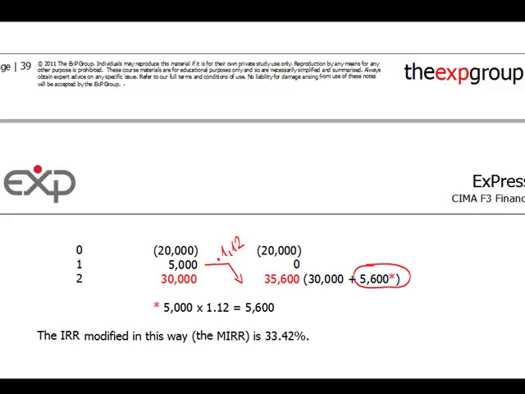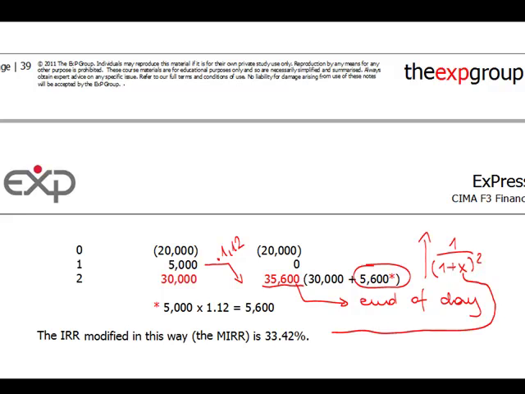So the project is equivalent to having 35,600 at the end of the day. And then you're looking for the rate that will discount it by 2 periods. And that X turns out to be 33.42.